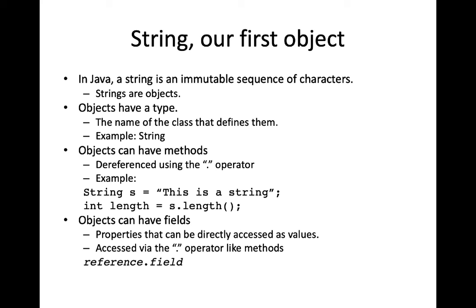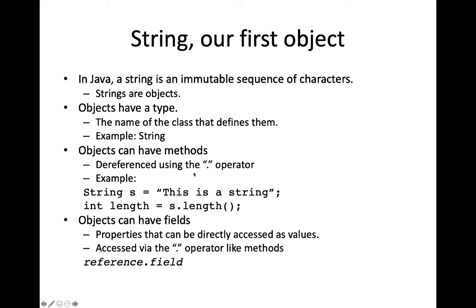And so what we're going to do is look at String as an example of an object. Strings are objects in Java. Individual characters are value types, like the character C, but a string is a sequence of 0 or more characters, and that is an object. That's a structure in memory. So strings are objects.